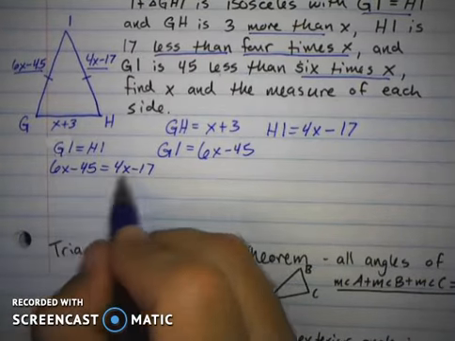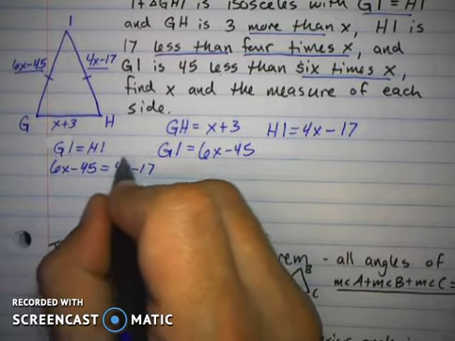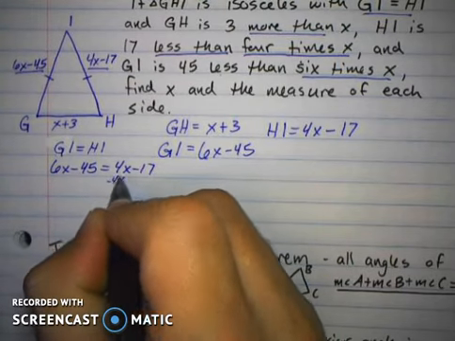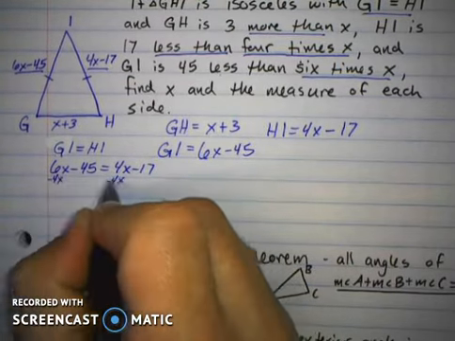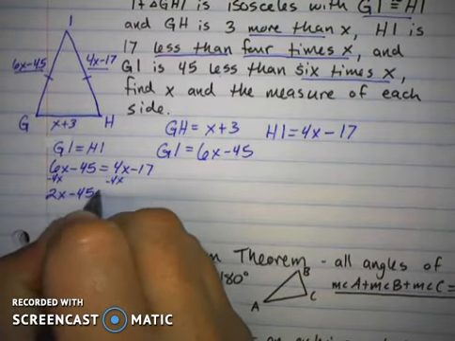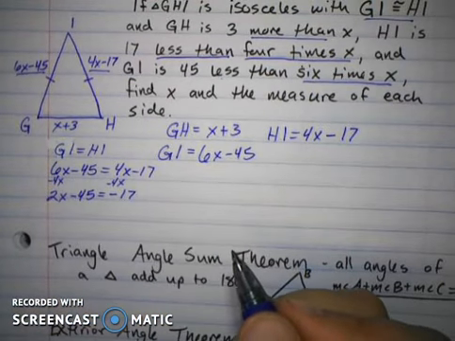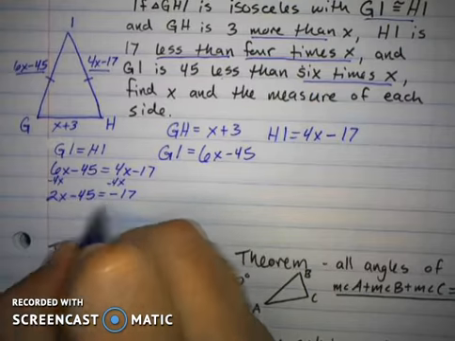Remember that when our variable's on both sides of the equation, we need to cancel it out on one side. I'm going to cancel out the 4X by minus 4X. What we do to one side, we have to do to the other. 2X minus 45 equals negative 17. Then you would add 45 to both sides.